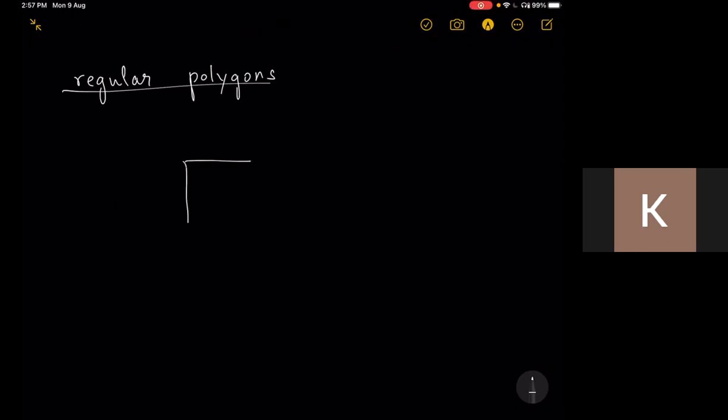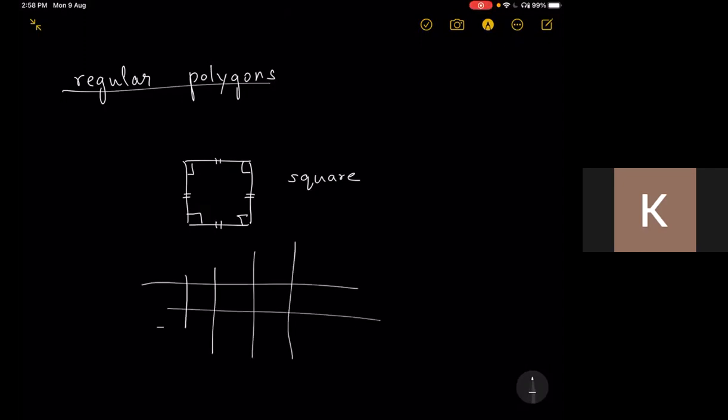Like, a square is a regular polygon, na? All sides are equal and all angles are also equal. So I can tile this infinite plane like this using infinite squares, right?